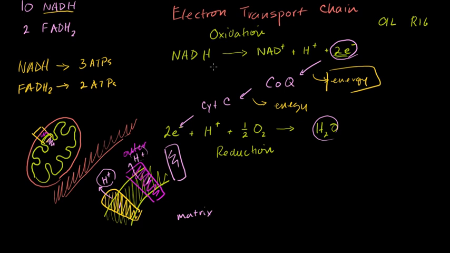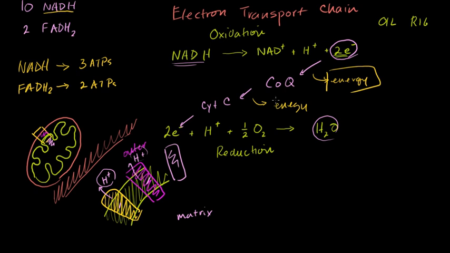So really the only byproduct of the oxidation of NADH and the reduction of oxygen into water isn't ATPs yet. It's just this gradient where we have a lot higher hydrogen proton concentration in the outer compartment than we do in the matrix. Or you could say that the outer compartment becomes a lot more acidic. Remember, acidity is just the concentration of hydrogen protons.